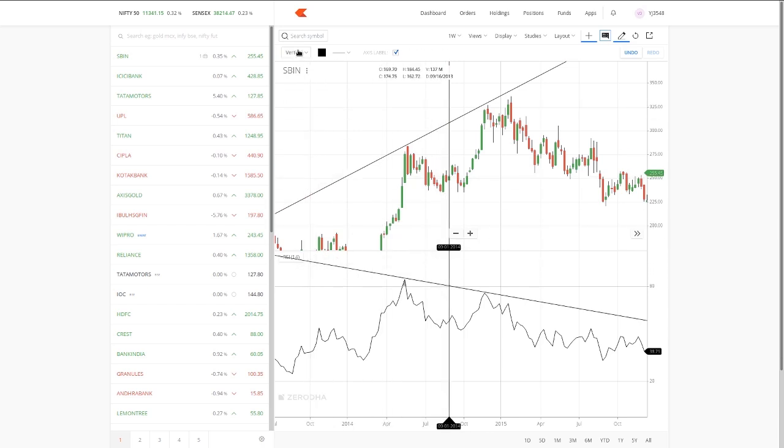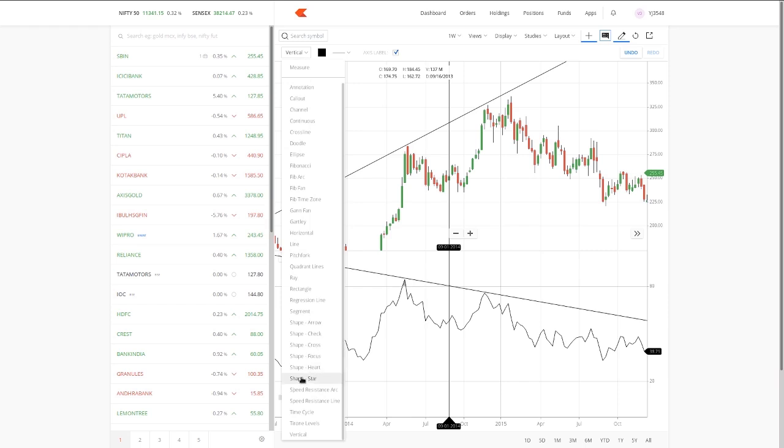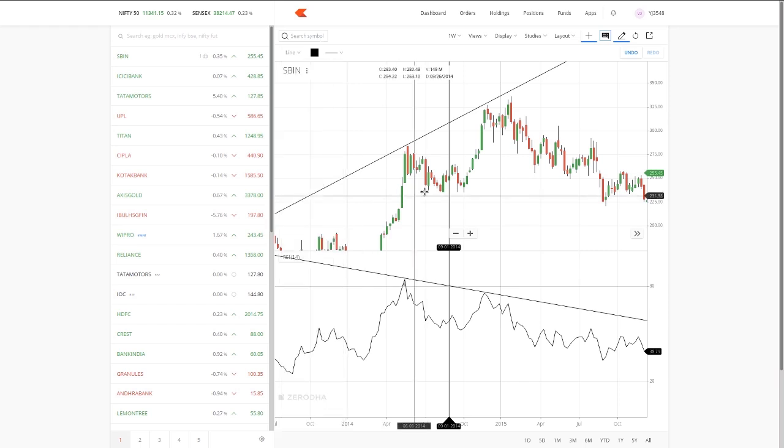So I drew a vertical line. Okay. So in this period, before this line here, wherever I am moving my cursor, we have identified that this is the high. Now after this line, we have identified that this is the new high, which is, let's say, current. Now in these two periods, this let's say is 10 weeks, and this, let's say, is 10 weeks.